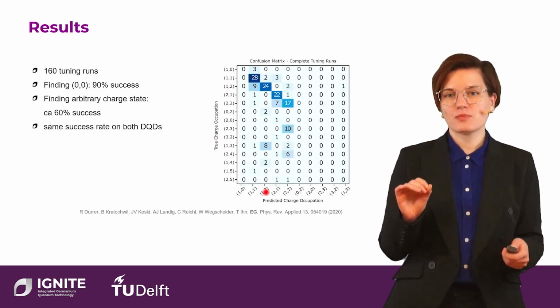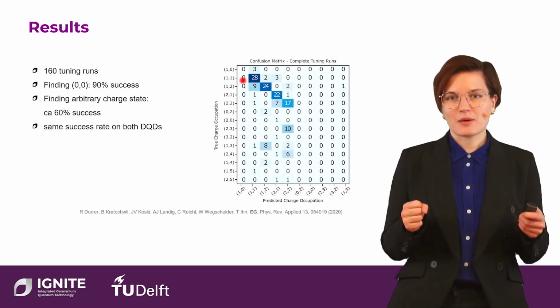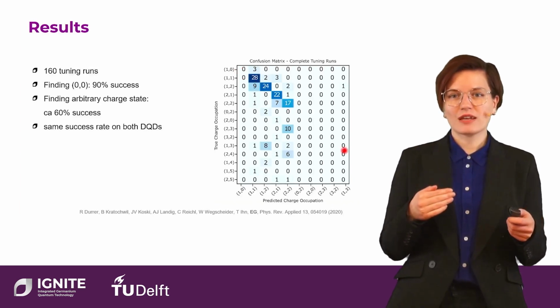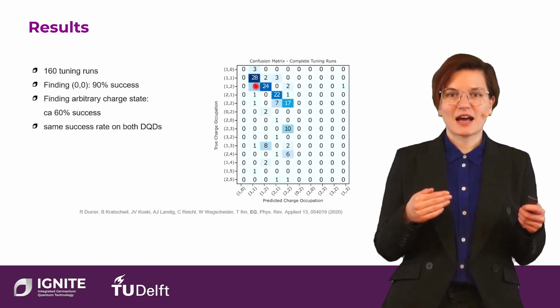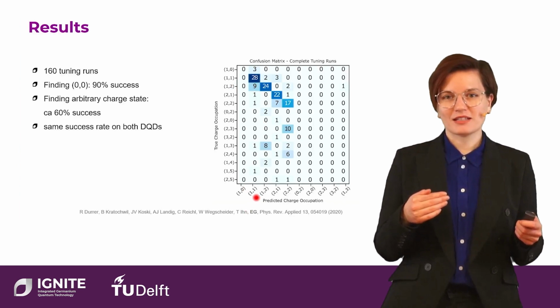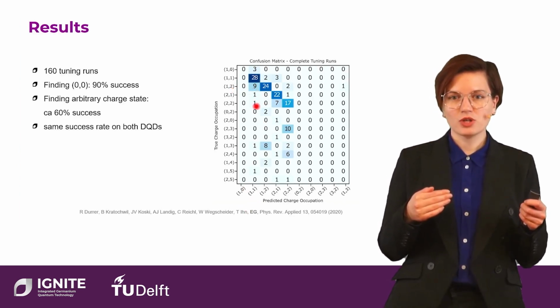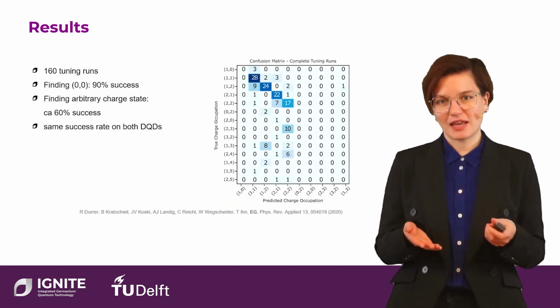On the other axis, we put the predicted labels and we count. So for example, the ideal situation is that I want to have numbers only on the diagonal. Here, for example, 28 times the label was 1, 1, and we also predicted 1, 1. However, 9 times the label was 1, 2, but we predicted 1, 1. And this is how you can read this matrix.